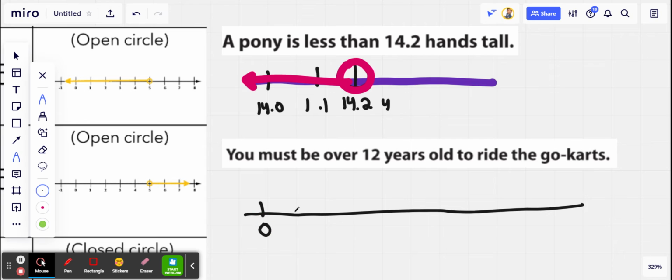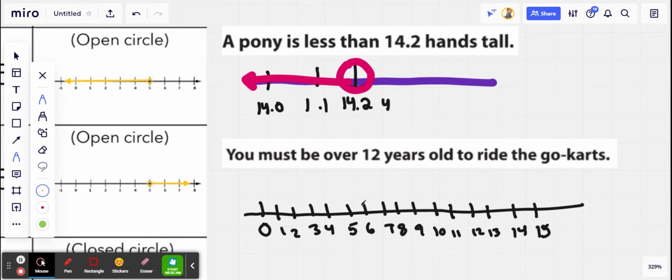Say this is 0, and this is 1, 2, 3, 4, 5, 6, 7, 8, 9, 10, 11, 12, 13, 14, 15. So we have a number line here from 0 to 15, and I have a little bit extra space, so I'm going to put 16 there.